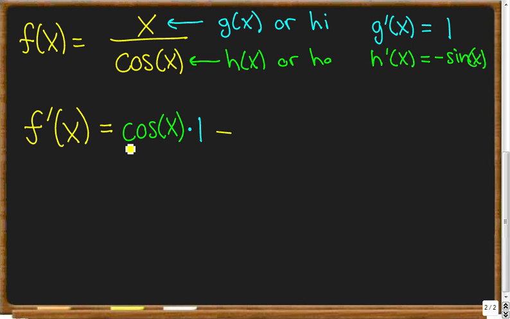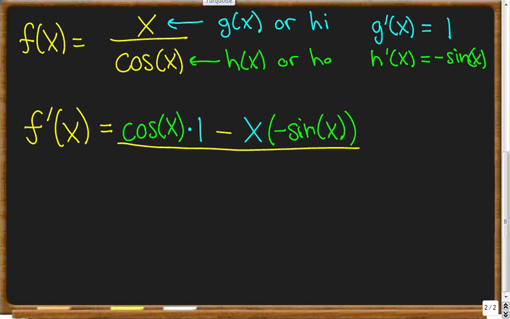So you have ho d high less high, which is our top function, which is x, times d ho, which is the derivative of the denominator, which in this case is negative sine of x. And then we divide this entire thing by ho ho, which is cosine of x times cosine of x.